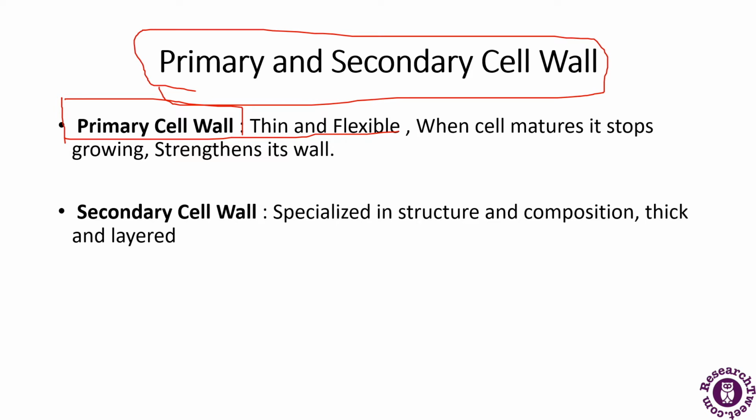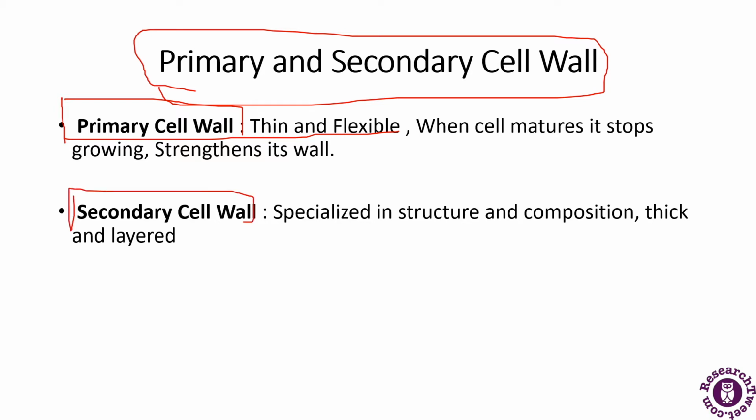The values I have told you are the largest values mostly found in the primary cell wall. When a cell matures, the primary cell wall stops growing, and its function is to strengthen the wall. Some plant cells do this simply by secreting hardening substances into the primary cell wall. So this is about the primary cell wall.